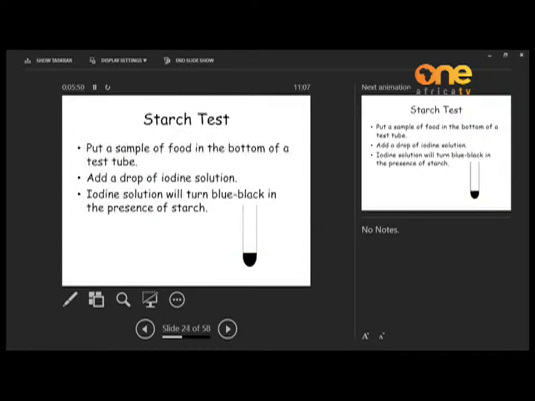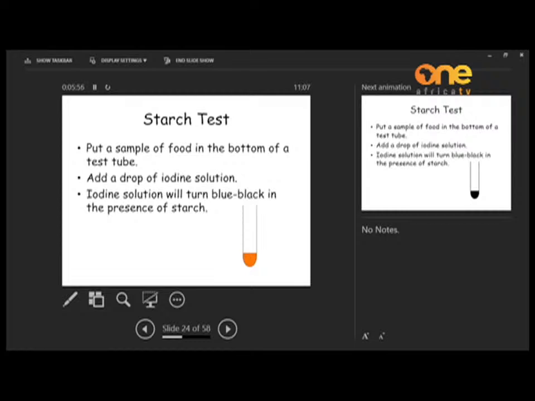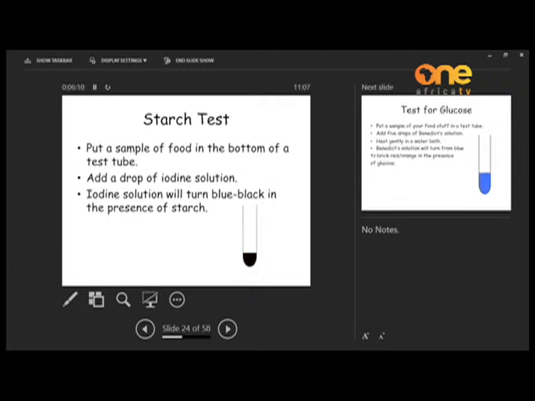Yes, then we did the starch test. Okay, and we know the starch test was iodine, drops of iodine solution. It is orange, and if starch is present, it will become blue-black.